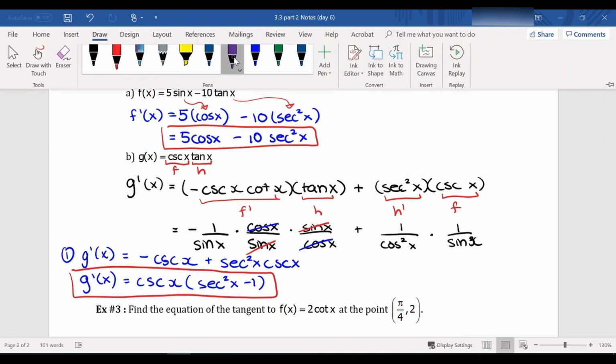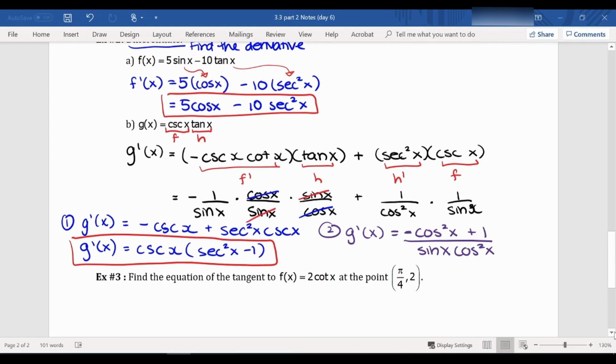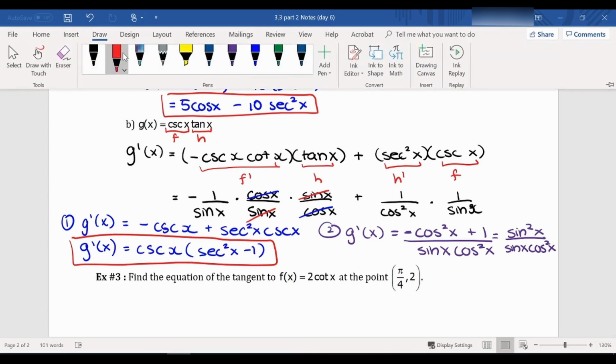Another option, make common denominators. If I make a common denominator, the left term needs a cosine squared. So this becomes negative cosine squared x plus 1 all over sine x cosine squared x. And I know that 1 minus cosine squared x, that top is a Pythagorean identity. This gives me sine squared x over sine x cosine squared x. And then my sine from the bottom cancels with one of my sines from the top.